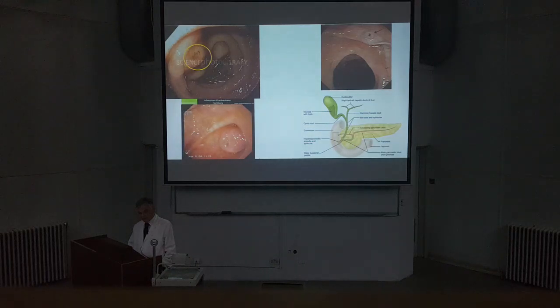This is an endoscopic image of major duodenal papilla. Another one and another one. This is in a diagram, the major duodenal papilla, on the inner border of the descending part of the duodenum.